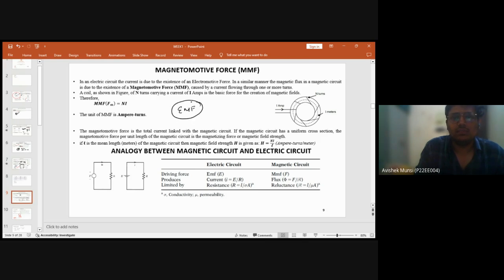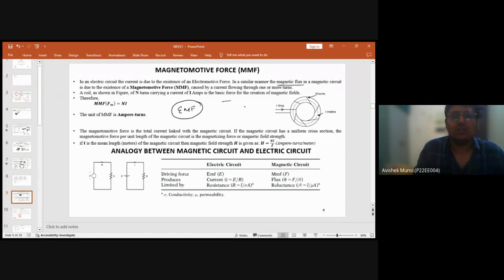Similarly, in case of a magnetic circuit, flux is produced due to the MMF. So if we have n number of turns, then the MMF should be n into I. If we have one turn, that will be equal to I. If we have n number of turns, that is equal to n into I.